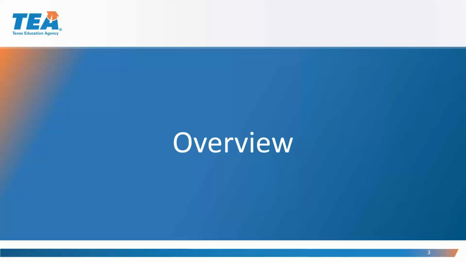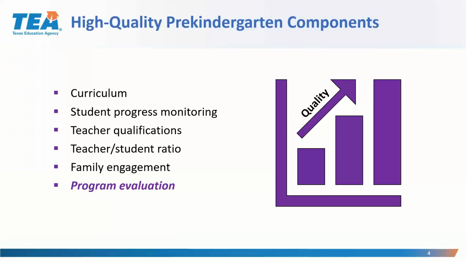So let's briefly look at the high quality components that are referenced either in statute or commissioner's rule. Here they are listed: curriculum, student progress monitoring, teacher qualifications, teacher-student ratio, family engagement, and last but not least, our topic today, program evaluation.